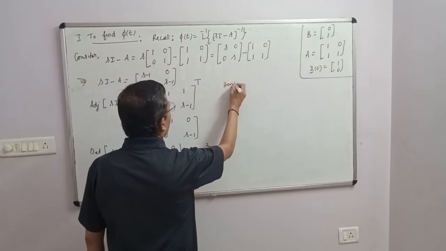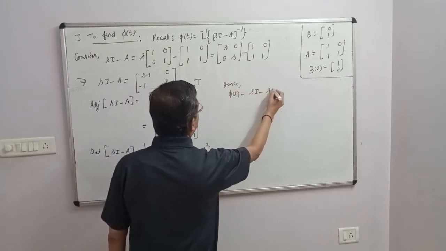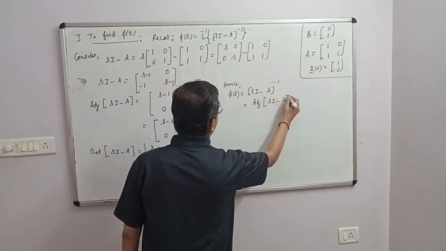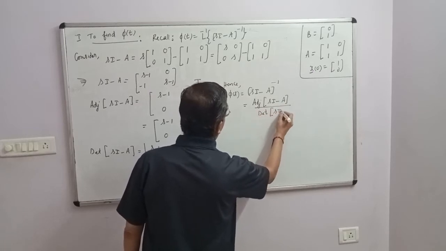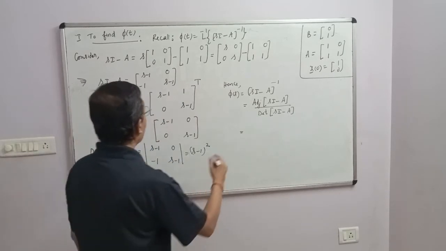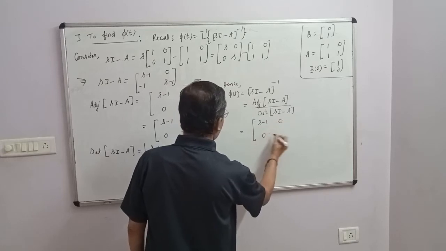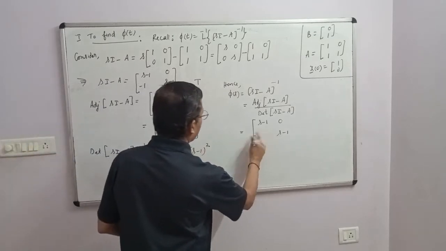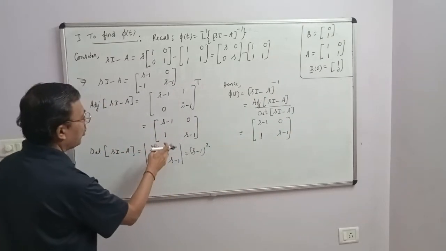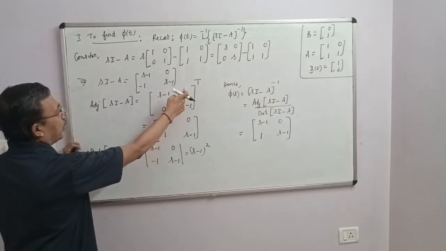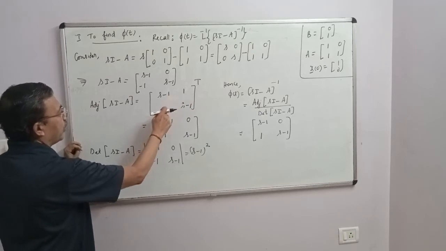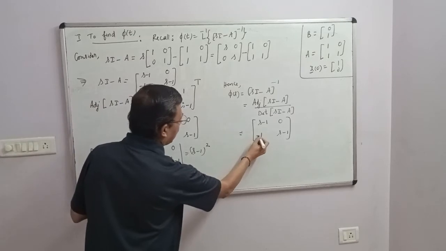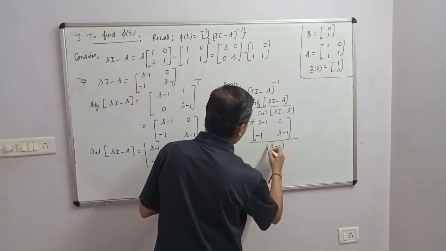Hence phi of s is equal to (sI minus A) inverse, which equals the adjoint of sI minus A divided by the determinant of sI minus A. I have made a mistake. The cofactor of s minus 1 is s minus 1.